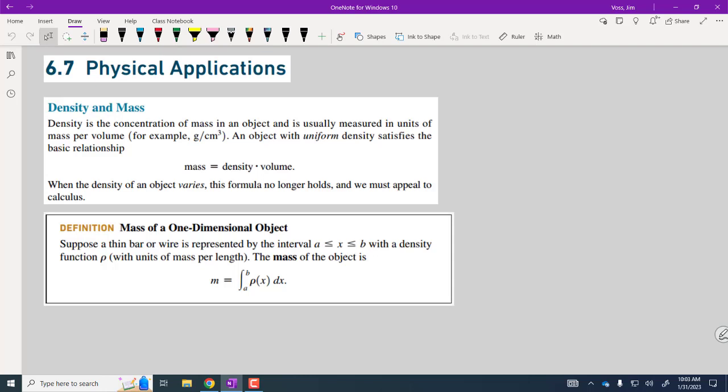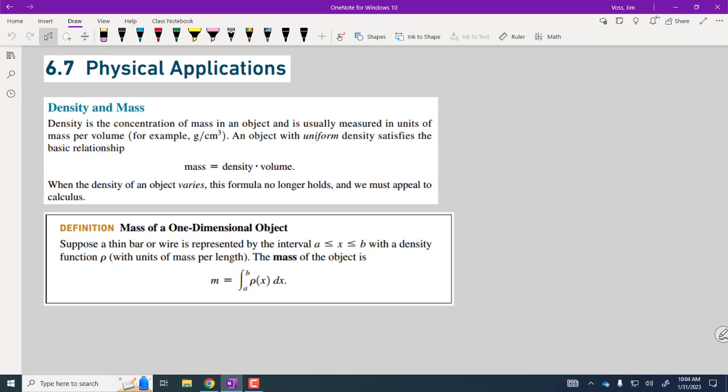We're going to be dealing with force. We're going to be dealing with work. And force, work, and is there one other thing? That's all I can think of right now. We're going to be dealing with at least force and work. Oh, mass. Mass is the other thing.